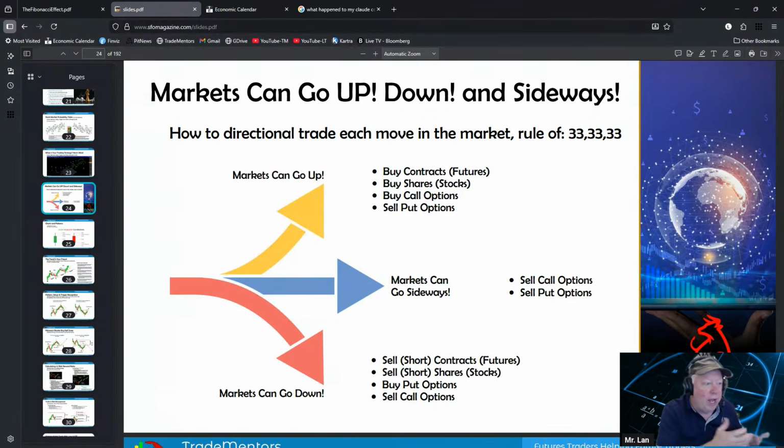Now, the difference between a house in the real estate industry and an option in the stock market is that in real estate, we don't generally buy and sell the earnest money, right? We don't trade the earnest money. We don't go in and say, I'm going to buy this house, put 3-month earnest money on it, wait for the house to go up in value, and then trade the earnest money.